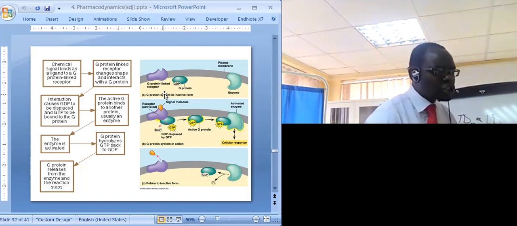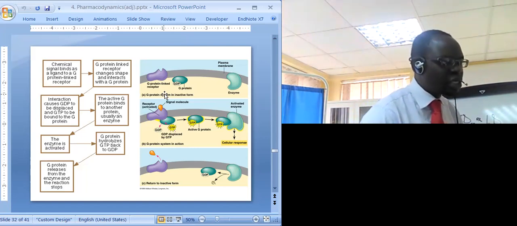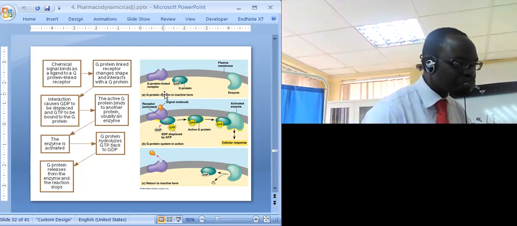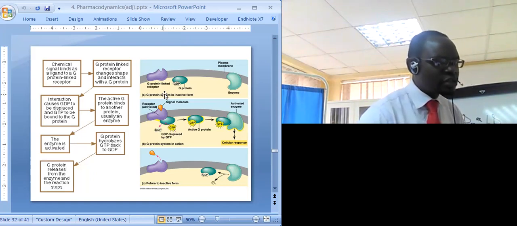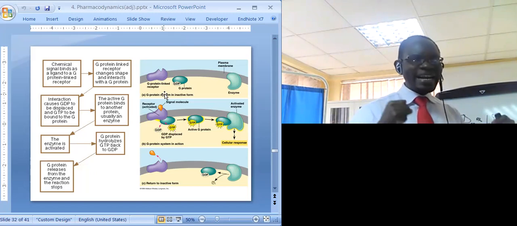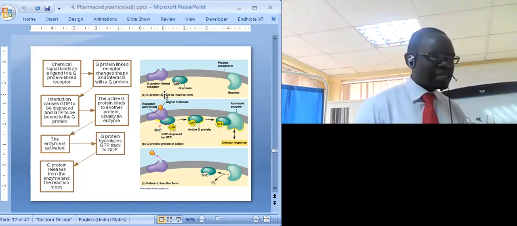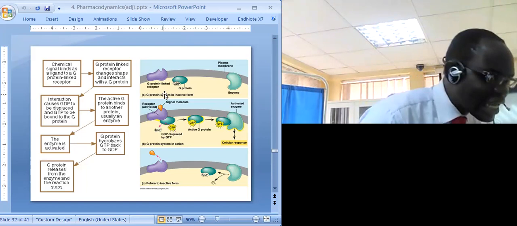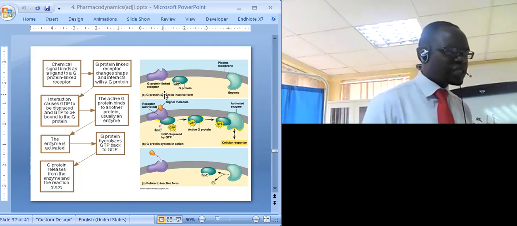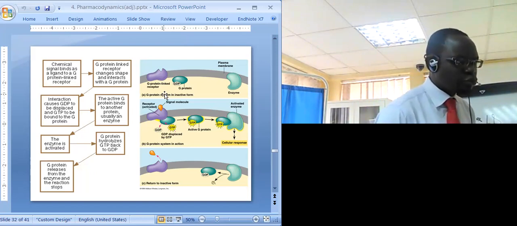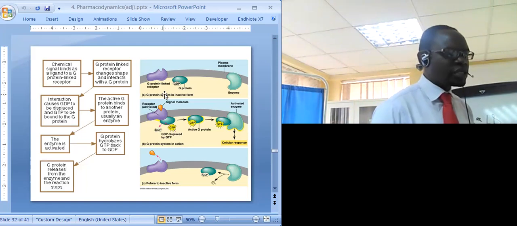So from there, the interaction causes GDP to be displaced, and GTP to be bound to the G protein. In other words, that reaction creates energy, bringing an extra phosphate which links to the GDP to produce what we call GTP.